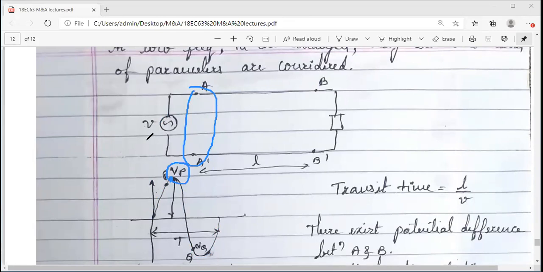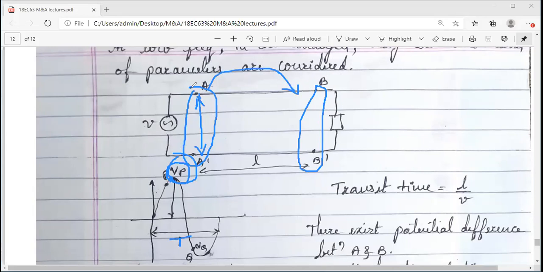Assume when I supply the AC voltage, which is sinusoidal in nature and has a certain time period T, at this particular time instant the voltage is say Vp volts. Now, if I want to measure the voltage at point B dash, immediately I cannot get the output, right? There has to be a certain delay.